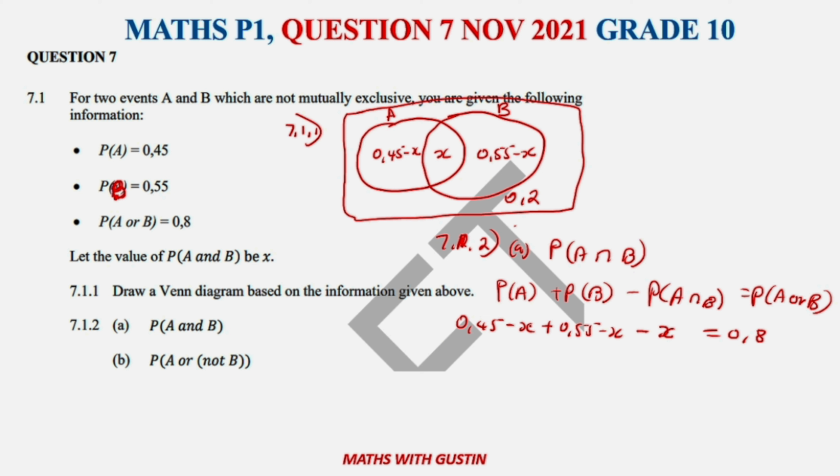Wait a minute. I think this is a plus here. Yes, I think it's a plus. Therefore, this would be given to us by... no, I'm making a terrible mistake here.